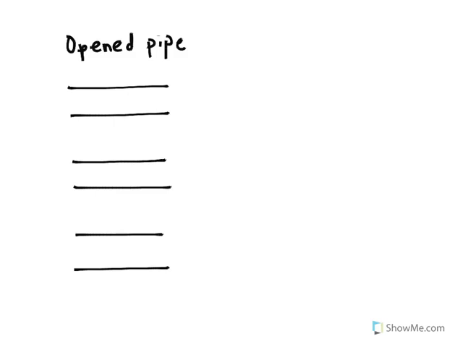A very similar situation can be happening in an open pipe. So we have two openings. In this situation, for instance, if we have the first mode, we will have a node.